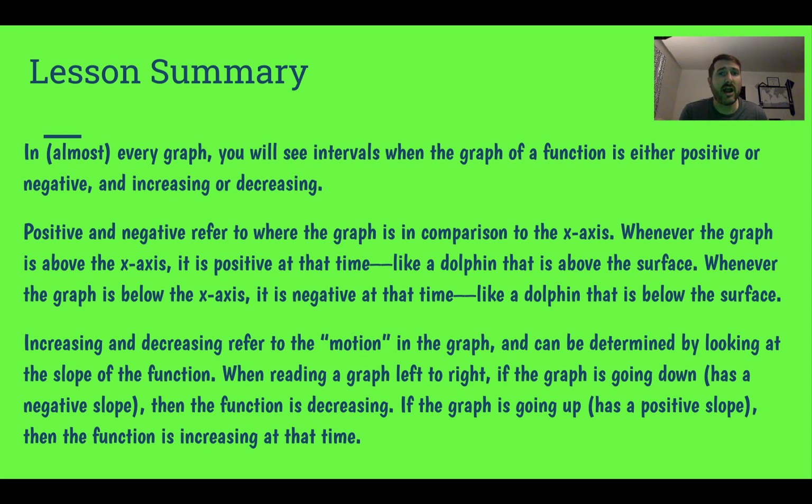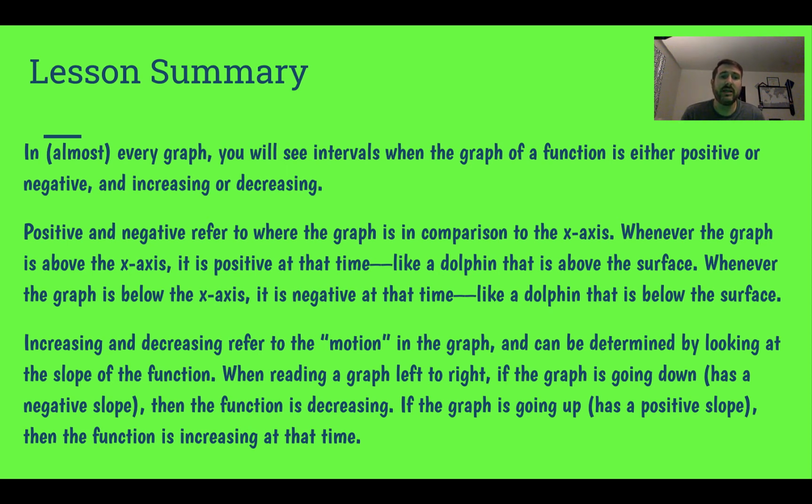So where is the graph located? When the graph is above the x-axis, it's positive at that time. Like the dolphin, when it jumped out of the water, it was above the surface. Whenever the graph is below the x-axis, it's negative at that time, like the dolphin that was below the surface.